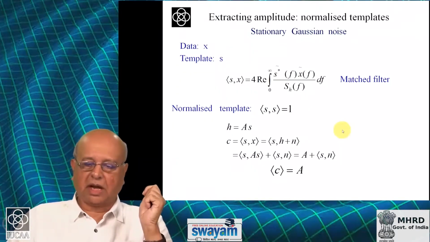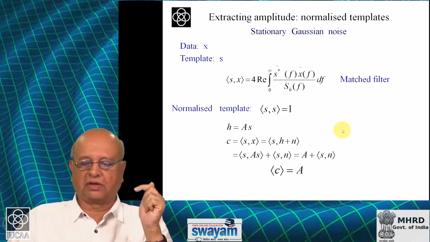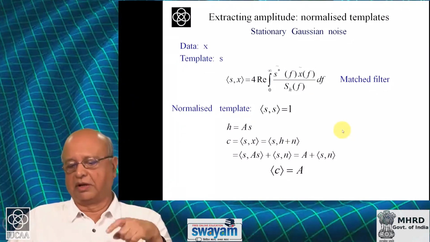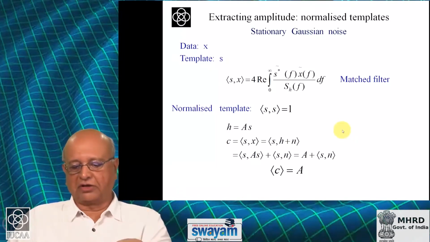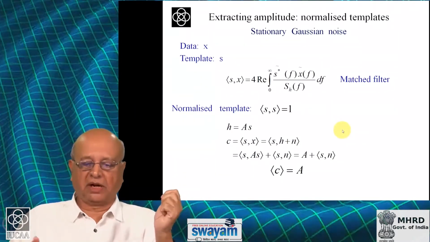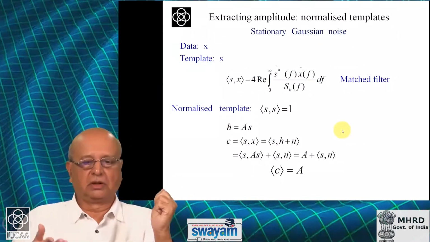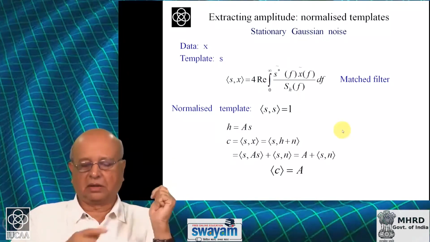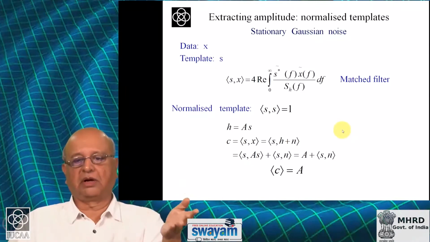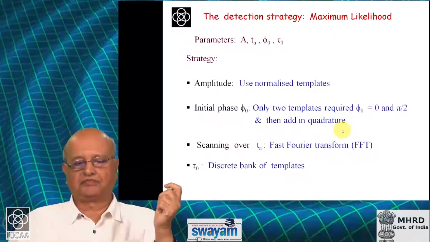So, the average of C, or the estimated value of C, turns out to be the amplitude. So, you get an estimate of the amplitude by simply taking the scalar product of the data with the template which is normalized. That is how you extract the amplitude of the signal.